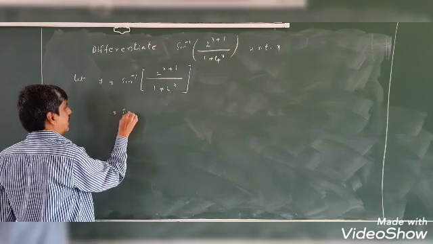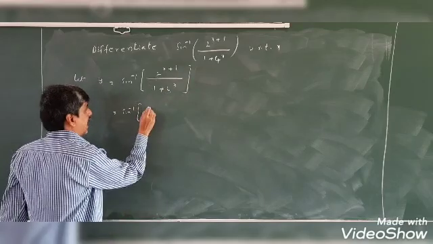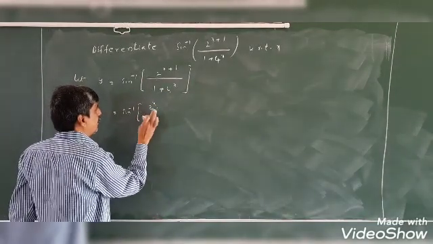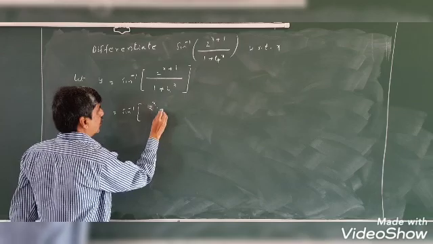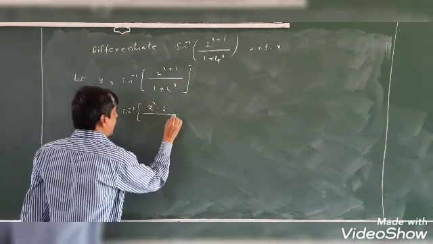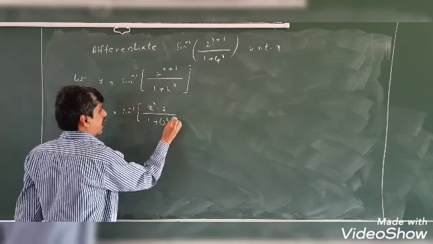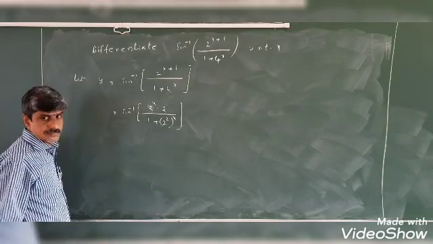So this is nothing but sin inverse of a to the power of m plus n. We will write it as a to the power of m, which means 2 power x into 2 power 1, by 1 plus 4, I am going to write 2 square whole power x.